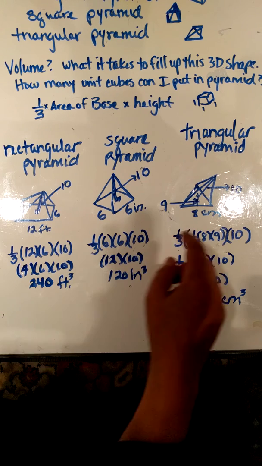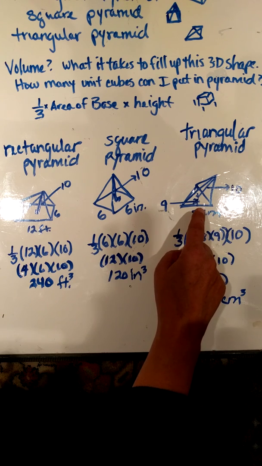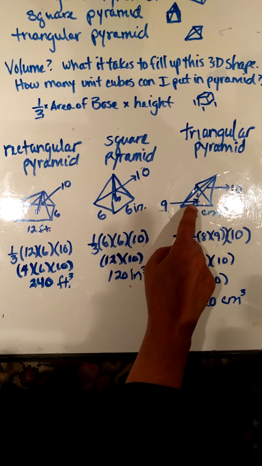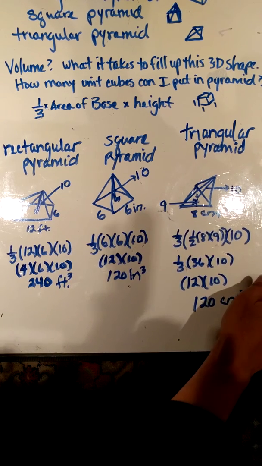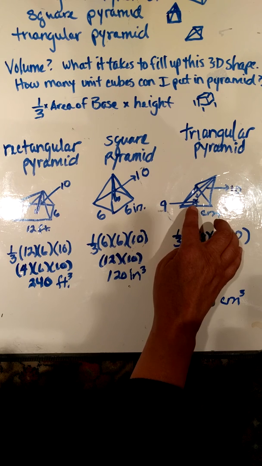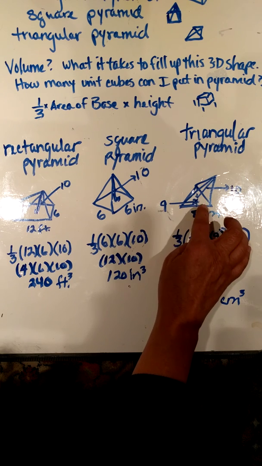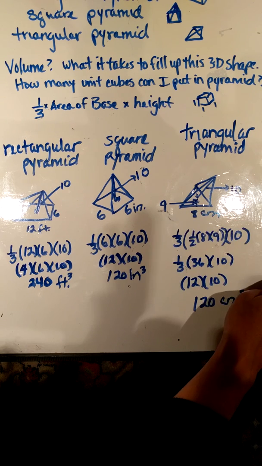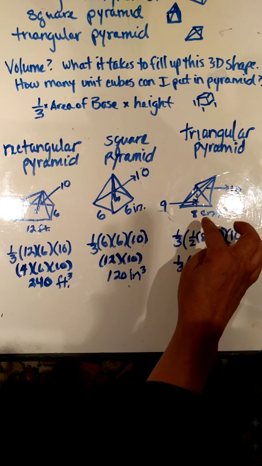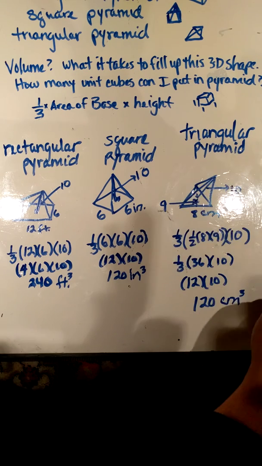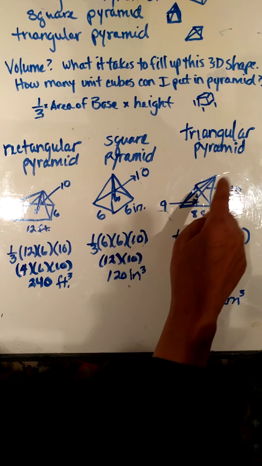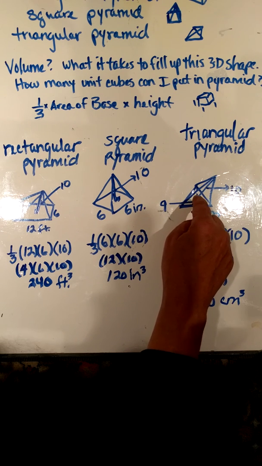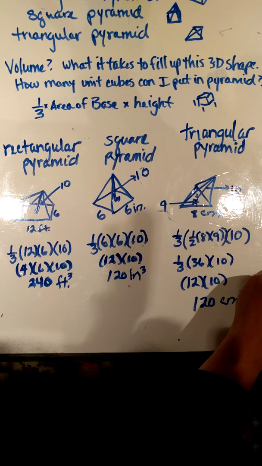And then finally here is a triangular pyramid. Here again the base is going to be a triangle, and what you'll do here is take the area of the triangle, 1/2 base times height, and then again the height coming down from the top of the pyramid all the way down to the center of the base.